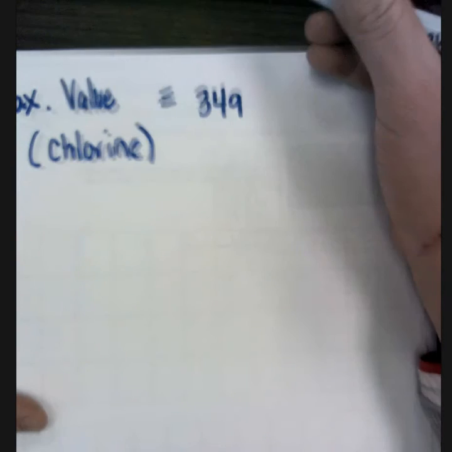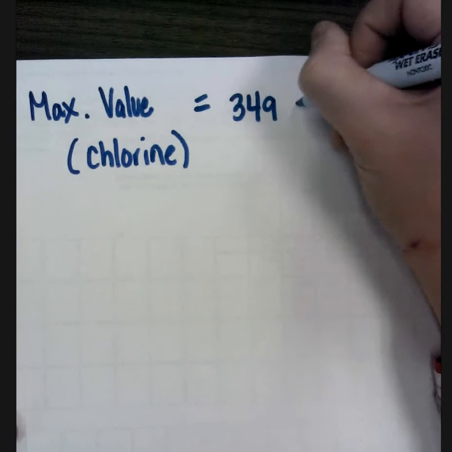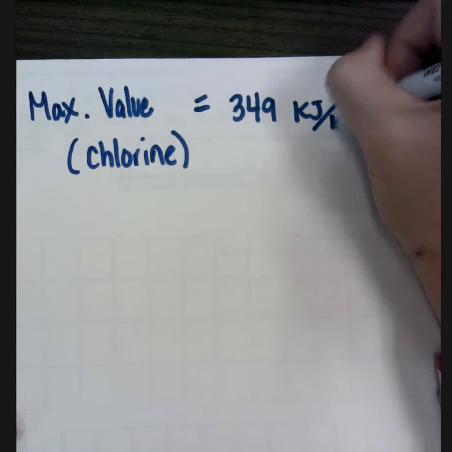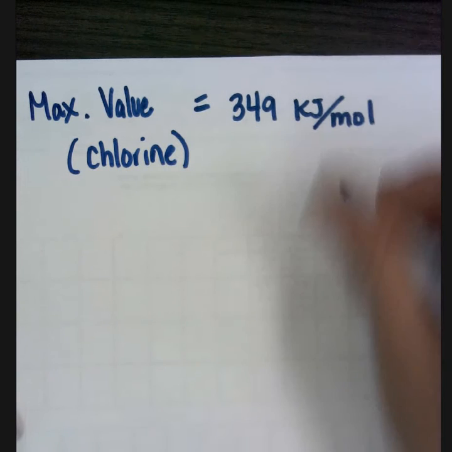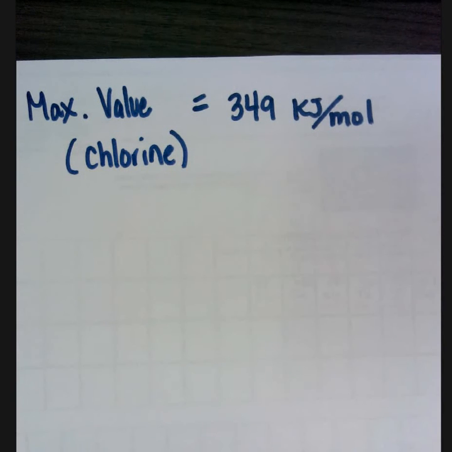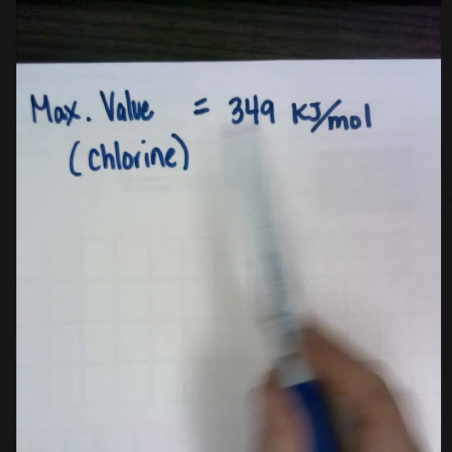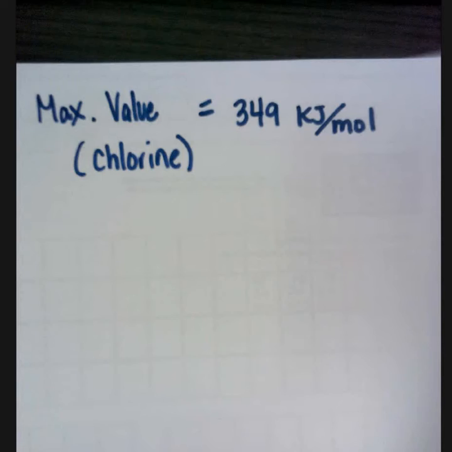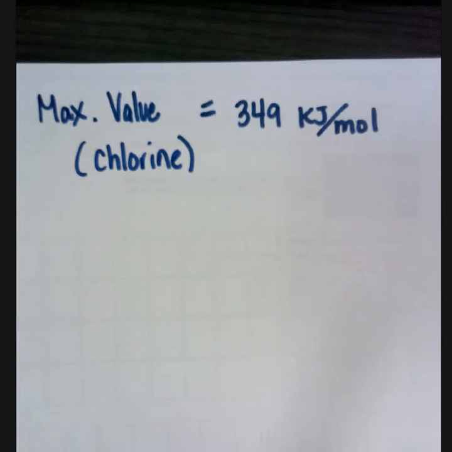Now remember that there are units for this one, except for electronegativity. If you're doing electronegativity, there are no units involved. So I've established that the highest value in the entire set of electron affinities that I'm searching for is for chlorine, and it's 349 kilojoules per mole.